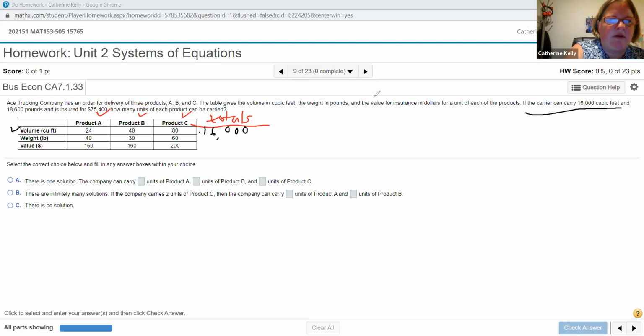And I look and the weight is in pounds, so that's going to be my second number, 18,600. And then the last thing it says is insured for $75,400. So I'm going to put that here, $75,400.